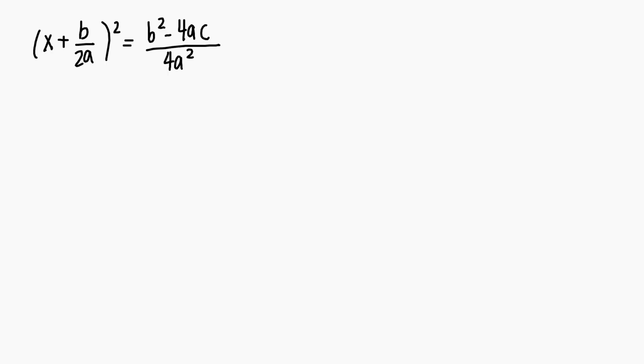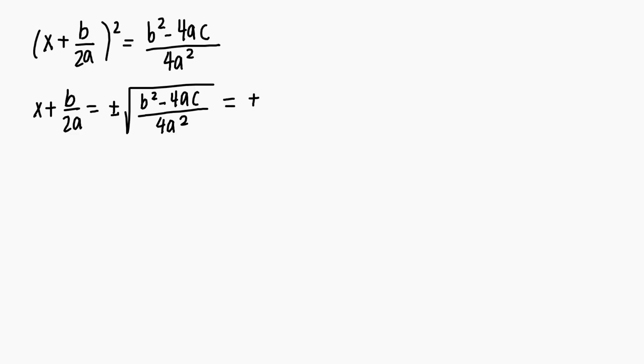If we take the square root of both sides using the square root property, we get x plus b over 2a is equal to plus or minus the square root of b squared minus 4ac over 4a squared. And we can simplify the square root more, because the square root of 4a squared is 2a. So let's simplify. This gives us plus or minus the square root of b squared minus 4ac over 2a.